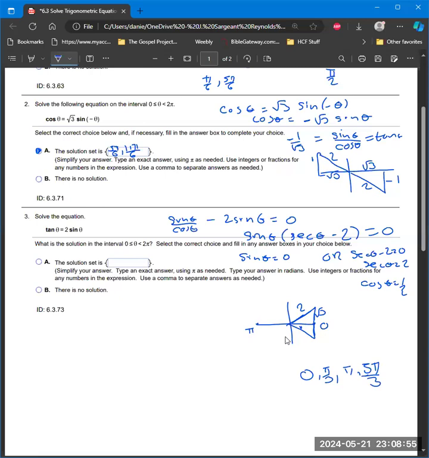It's going to be 0, pi over 3, pi, and 5 pi over 3. And because we're going around this way, we're not giving answers with negative angles because we were told that our answers need to be between 0 and 2 pi.